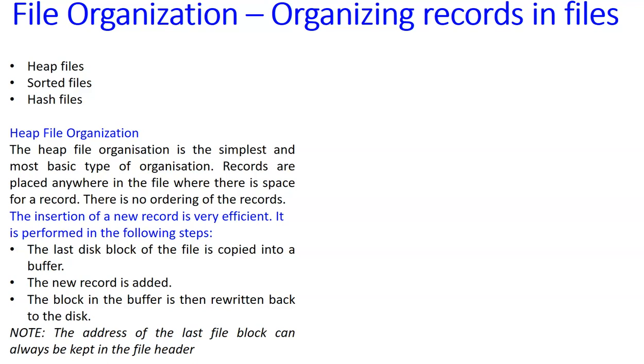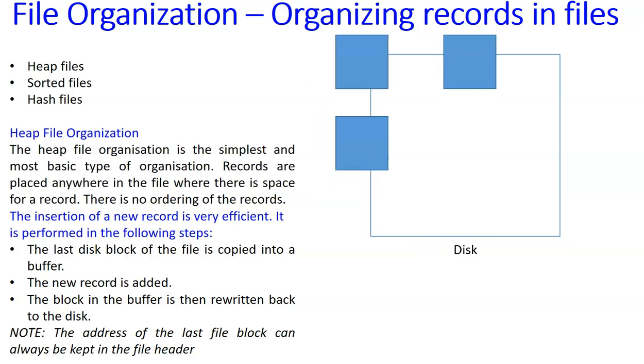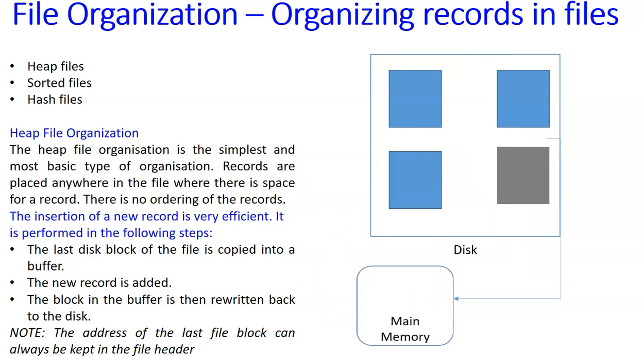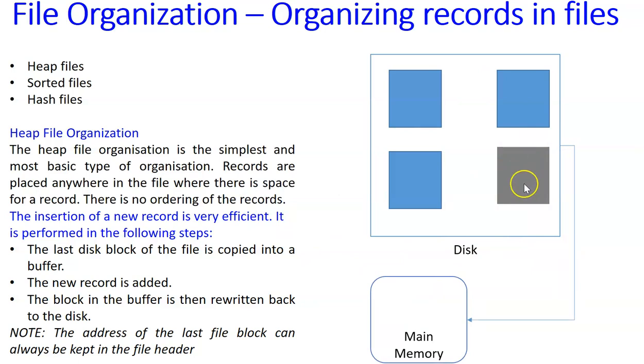So in essence, if you look here, let us assume that this is your disk, where you have your different blocks that are going to house your records. You have block 1, block 2, and block 3. We are assuming that those particular blocks are filled with data. And then you have this block here that does not have data. This block is going to be copied into the main memory, the main memory or the buffer.